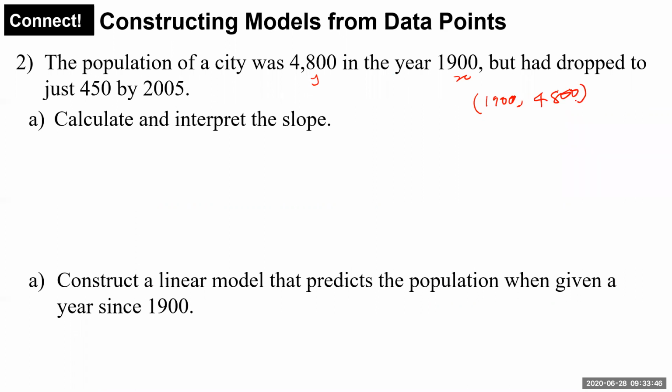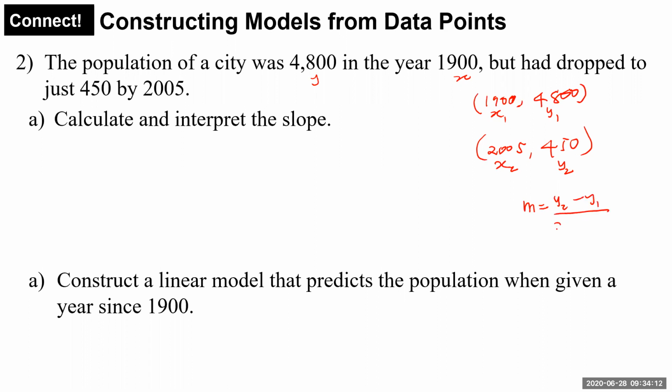And then in 2005, you have 450. So the time will always be your x. So this is your x1, that is y1, x2, y2. Is that okay? Nice.